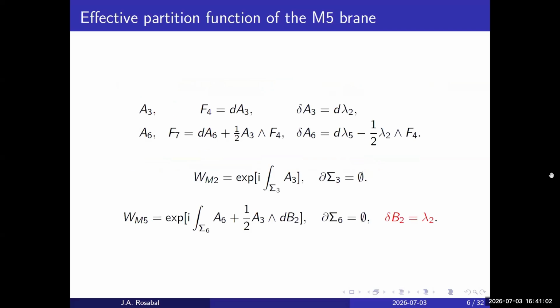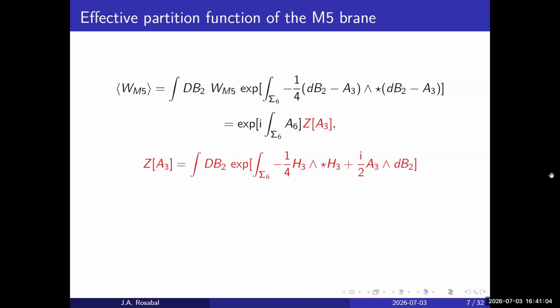Why do we have combinations like dB2 minus A3? Because this is the coupling with the background field. This is basically the Wess-Zumino term in the M5 brane. This is the coupling with the background fields of M-theory. It looks like a covariant derivative, but it's not. It's just a coupling with the background.